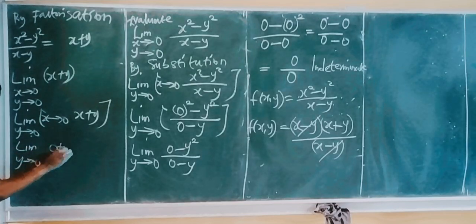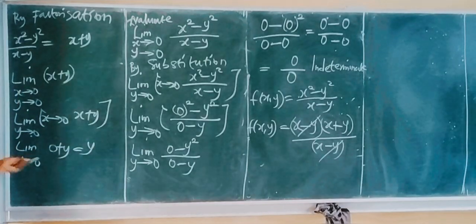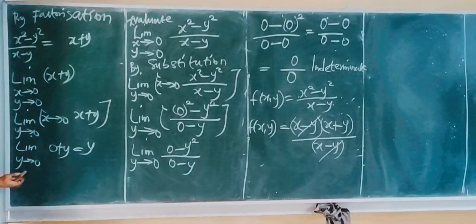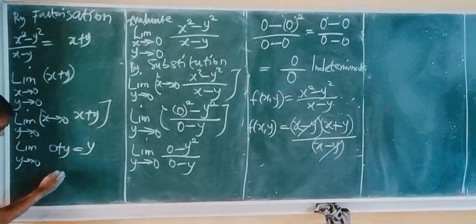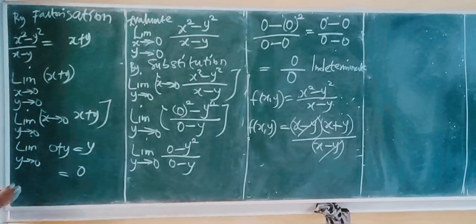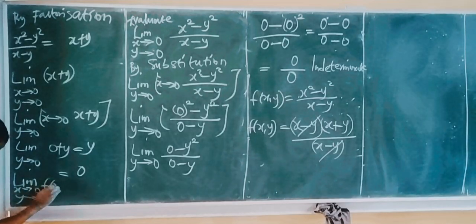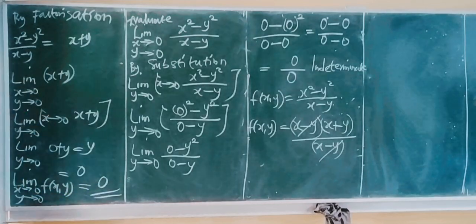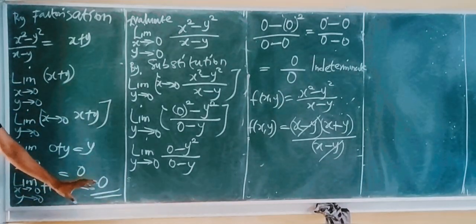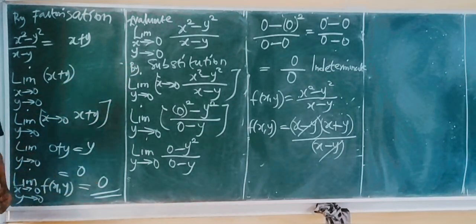It becomes 0 plus y, which is y. Now I test when y is 0, putting the value of y as 0. This gives me 0. So the limit of that function f of xy as x tends to 0, y tends to 0 is equal to 0. Notice we obtain 0 rather than an indeterminate expression. So this becomes the answer to that limit.